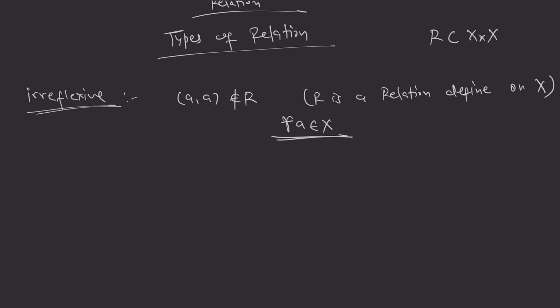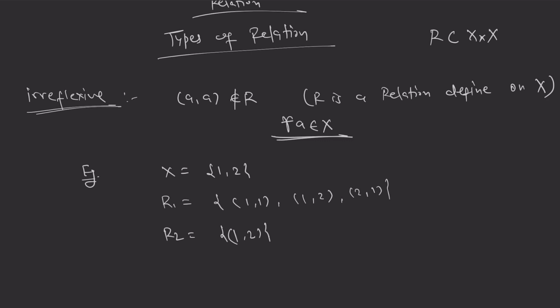Okay, so we'll look at an example. Let X equal 1 comma 2. Let R1 equal 1 comma 1, 1 comma 2 and 2 comma 1, and R2 equal 1 comma 2 only.